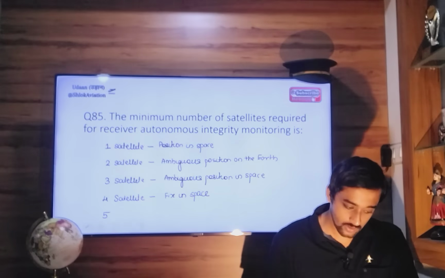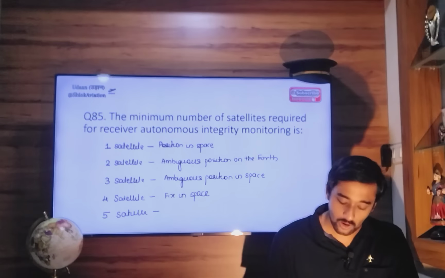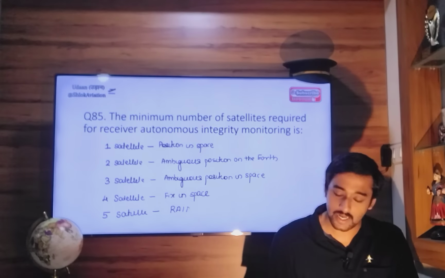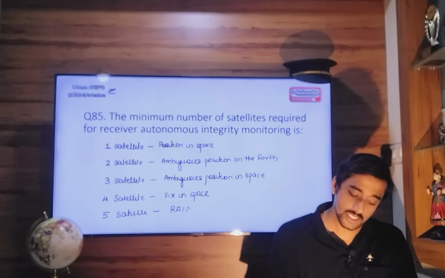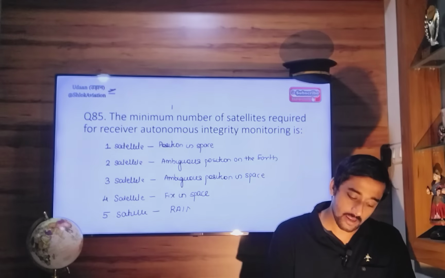Fifth satellite for receiver autonomous integrity monitoring. So the correct answer here is the minimum number of satellites required for RAIM is 5.